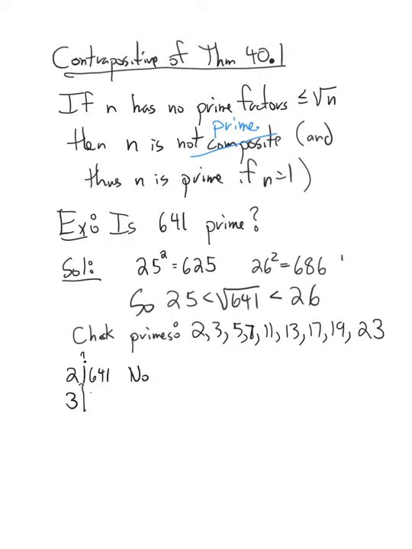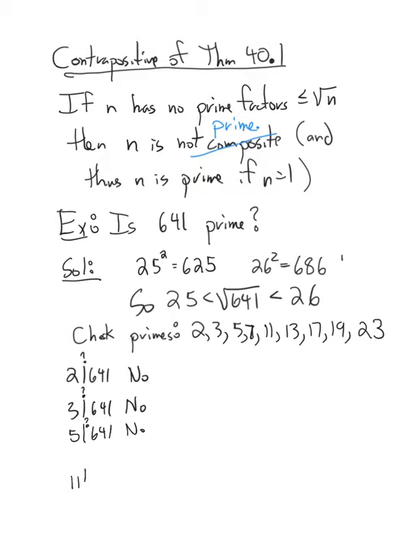So is 3 a factor? Let me give myself a little more room, and use this question mark notation. Is 3 a factor of 641? You can check by long division, or if you add up the digits, if the sum of the digits is divisible by 3, then the number is divisible by 3. But 6 plus 4 plus 1 is 11, so that's no good. Is 5 a factor of 641? It is not. It doesn't end in a 5 or 0. What about, I'm going to skip 7.